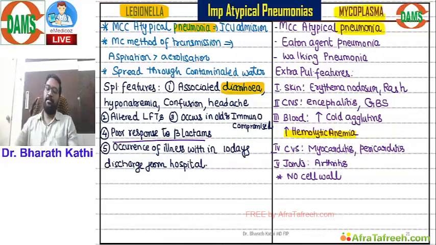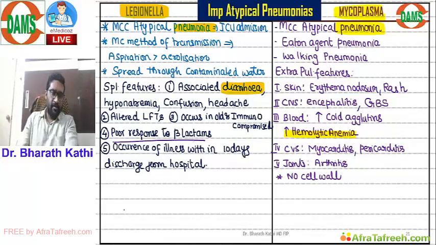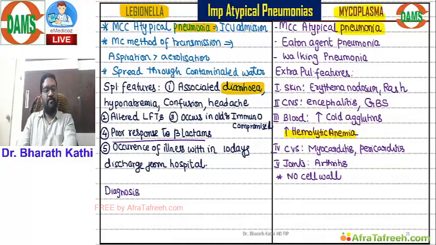So what will be the diagnostic method? For Legionella diagnosis, so write down, we have a specific urine antigen test. Urine antigen test for Legionella.